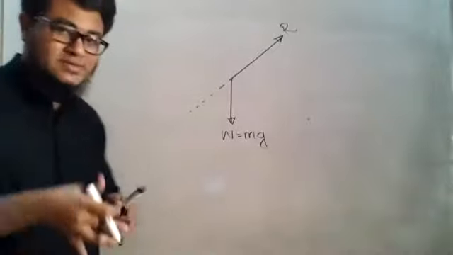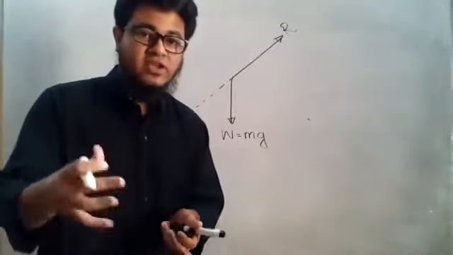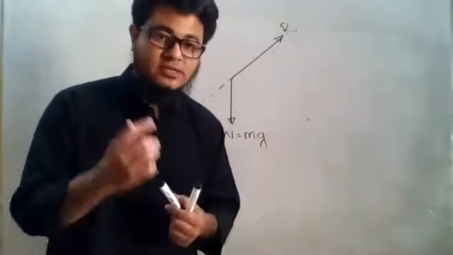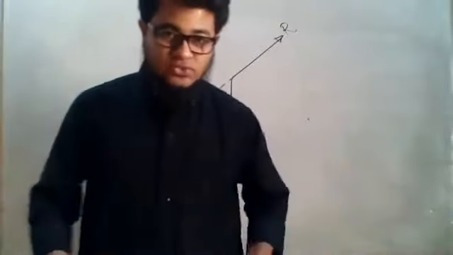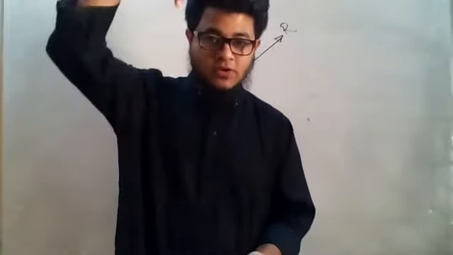Weight always acts vertically downward, but how the reaction force you get depends on at which angle you are providing the force. If you are just standing straight on the ground, you are providing the weight force vertically downward, and you are getting the reaction force also, and they are balancing each other.